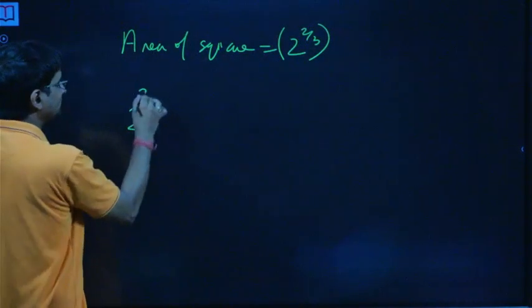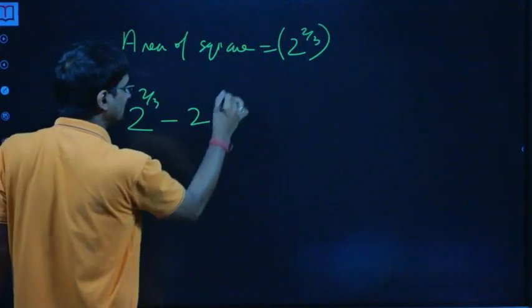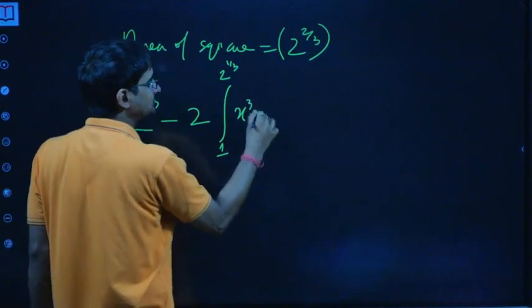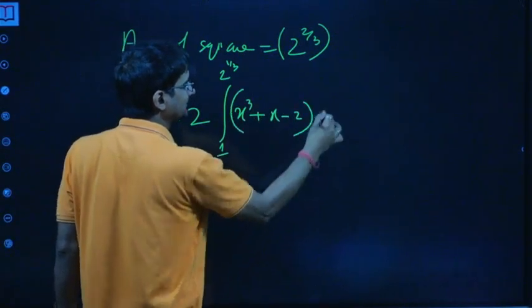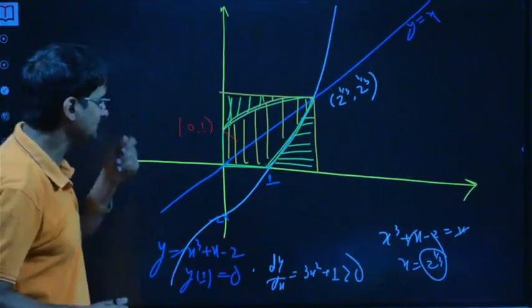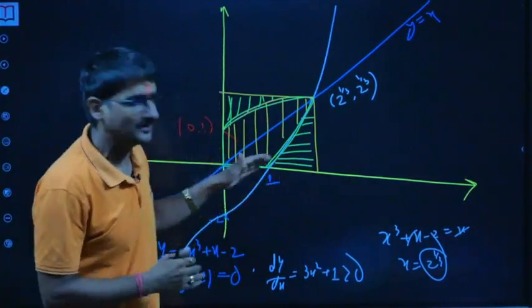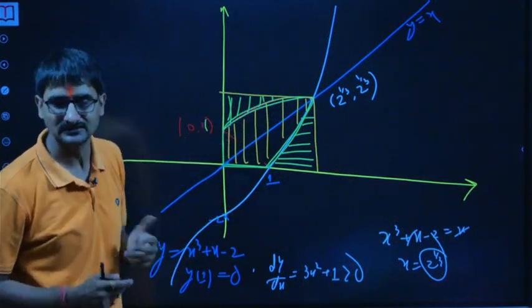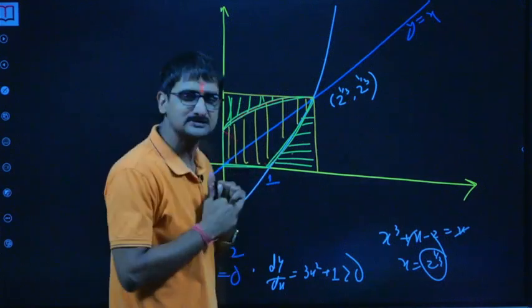So 2 raised to power 2 by 3 minus 2 times the integral from 0 to 2 raised to power 1 by 3 of x cube plus x minus 2 dx. All of you agree or not? Why will it be 2 times? Because of symmetry, the area here will be the same as the area bounded by its inverse with the y-axis. So this area and this area are going to be the same.